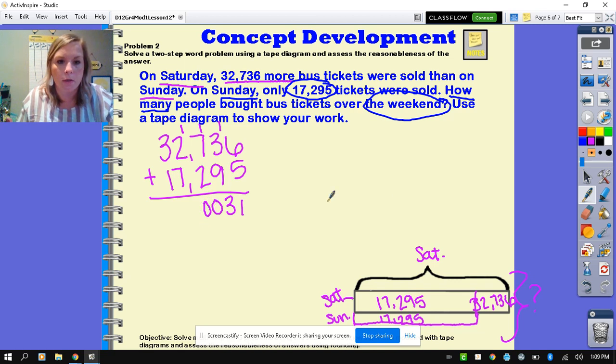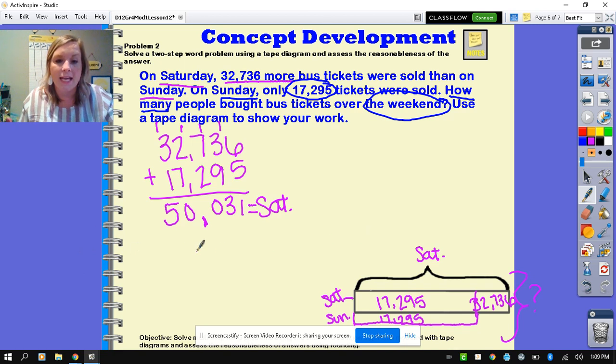Sorry, I forgot to put it there. That's what happens if you don't get everything lined up. I was on the right place, but this is supposed to be here. 7 plus 2 is 9, plus 1 is 10. And then 3 plus 1 is 5. So this 50,031 is equal to Saturday's tickets.